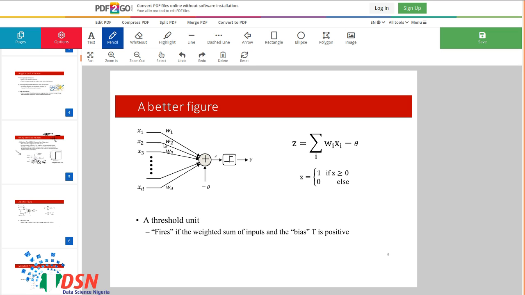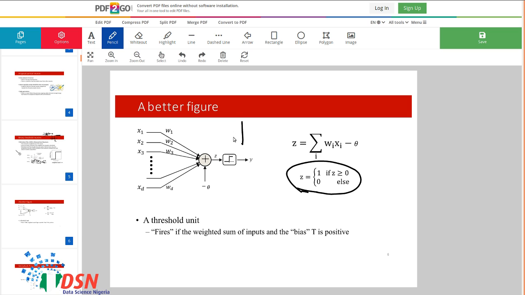Then we multiply each of the inputs with a weight, and after that we apply the bias. Theta is the bias here, and we could have the 0 threshold here.